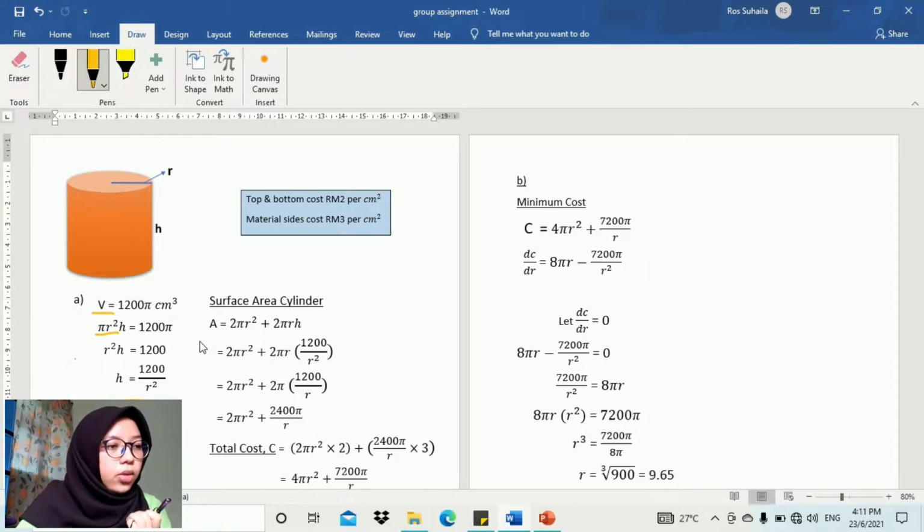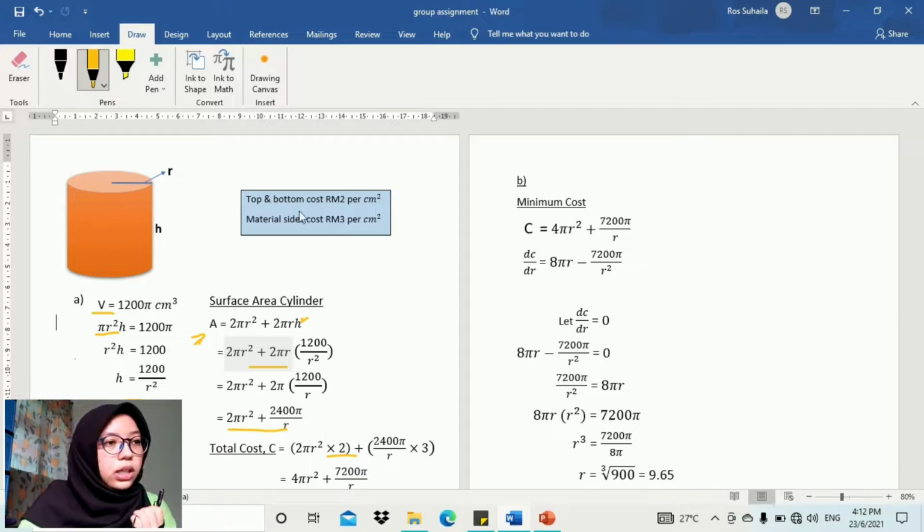And then we want the total cost in the surface area of cylinder formula. So A equal to 2 pi r² plus 2 pi r h. So here we can substitute this h into the equation. And then we calculate it and we get 2 pi r² plus 2400 pi per r. And then total cost C equal to 2 pi r² multiplied by 2.